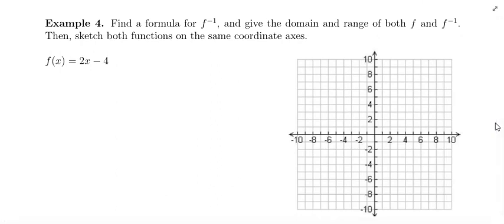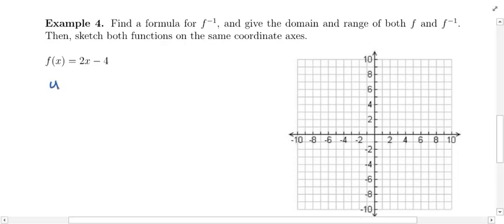This is how I'm going to do this. I am going to start by concentrating on the original function and what I know about it. Once I write down everything for the original function, then I will go into f inverse. So we have f of x is equal to 2x minus 4, which is the same thing as y equals 2x minus 4.